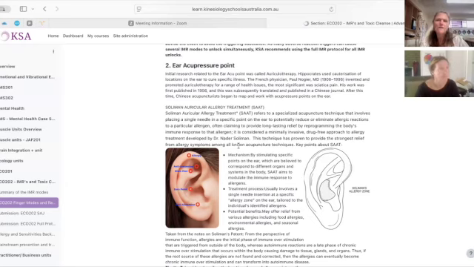And when he got significant success in his practice with clients, he published a document about it in 1956, which was translated and printed in China. And then the Chinese acupuncturists used that information to map the points on the ear.